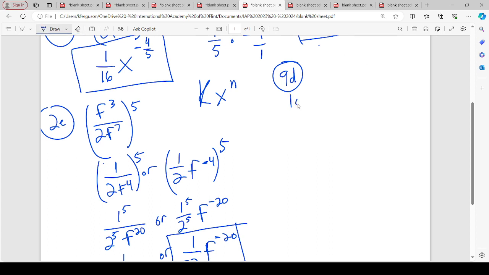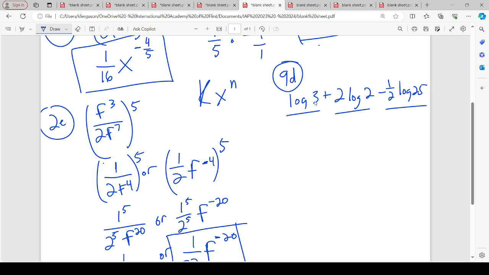So that's log of 3 plus 2 times the log of 2 minus 1/2 times the log of 25. All right, so I got 3 different quantities, right? And it says rewrite as a single log.